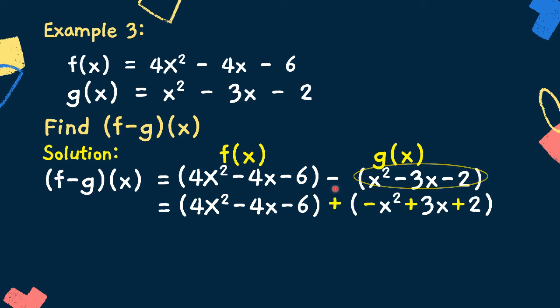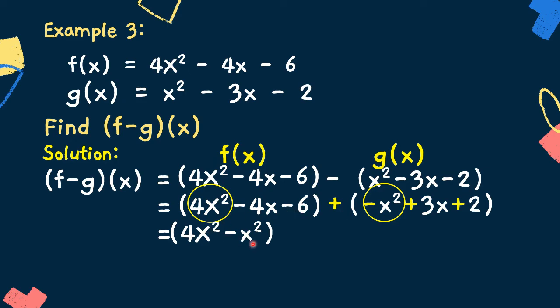And of course, subtraction will become addition. So next step is we're going to identify the like terms. We have 4x squared and negative x squared. So we write them together. We have 4x squared minus x squared.